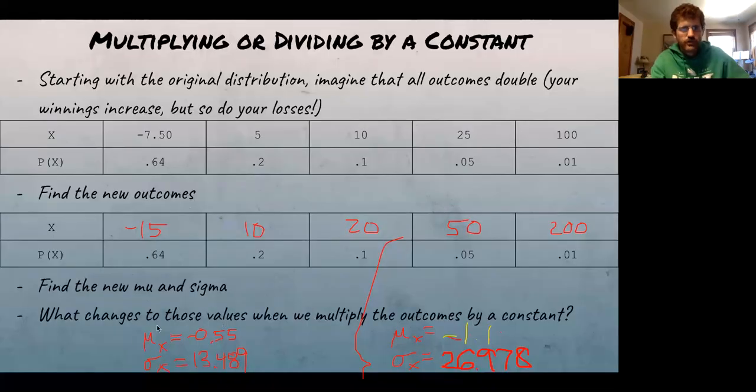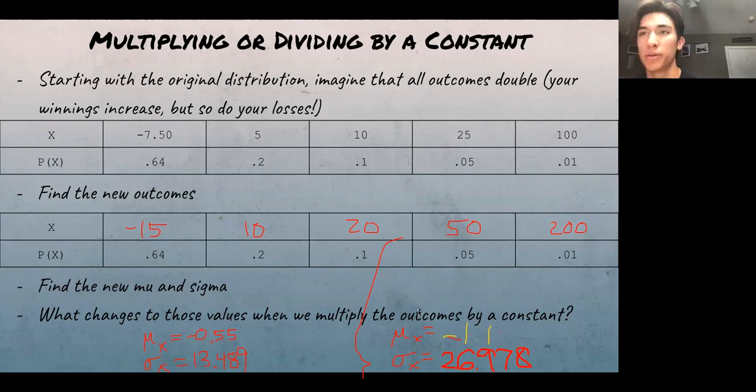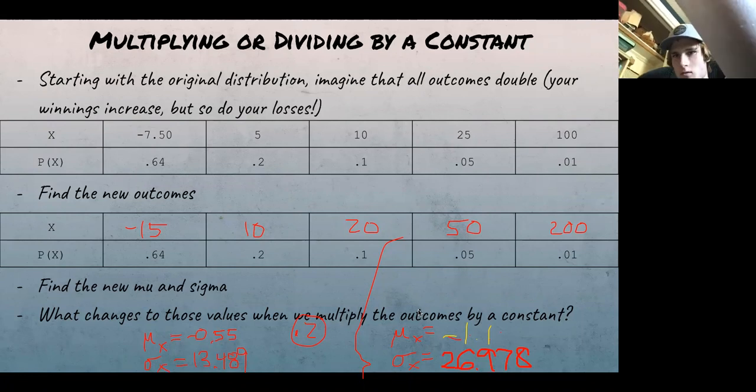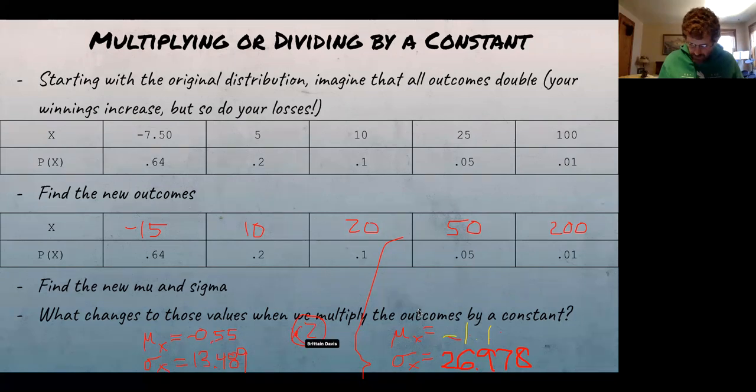If this is our original and this is the new, what's happening to our mean? It's doubling. We multiplied it by 2. What happened to our standard deviation? It also doubled. I should put maybe x2 because that looks like 0.2 when I do that. So that's doubling as well.